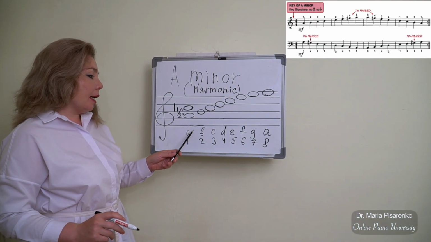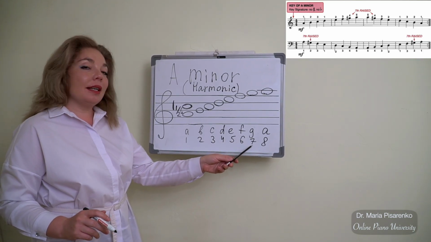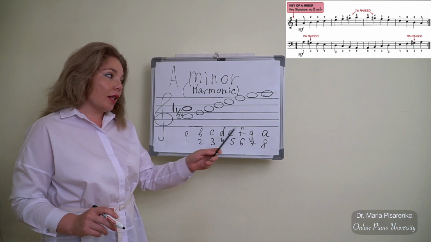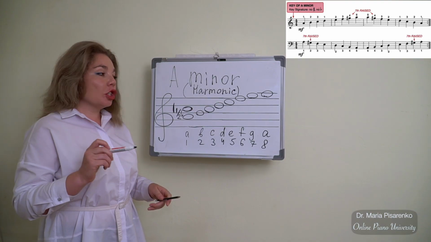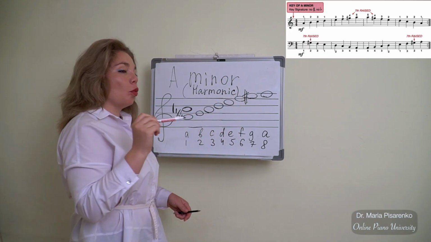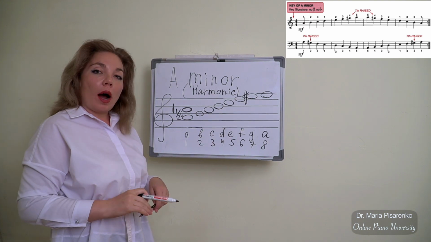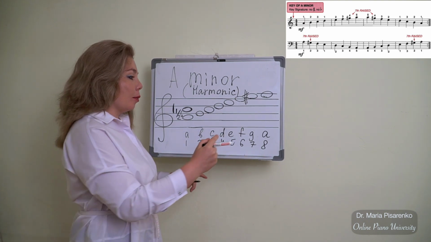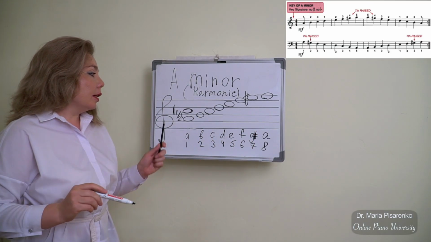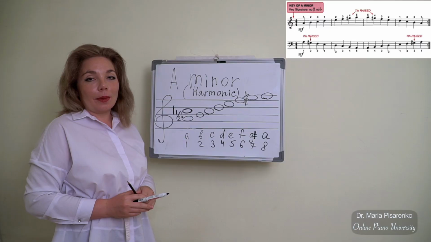So you have A, B, C, D, E, F, G. G is the seventh key of the scale. So you find that seventh key and you make it sharp. You are going to make it 1/2 step higher. Instead of G natural, you are making it G sharp. So here you have G sharp. Now this is your A minor harmonic scale.